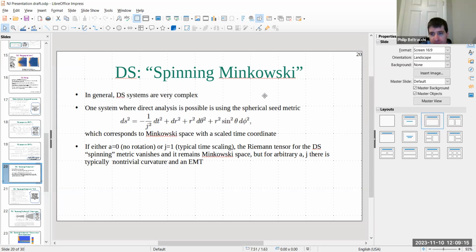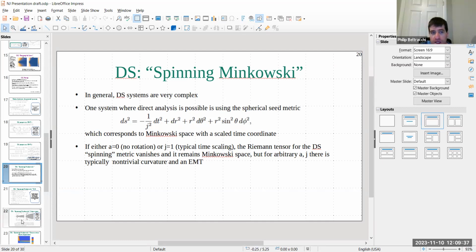Okay, but I would like to ask about this. Is it a solution to Einstein equation with some right-hand side? Is it vacuum? Is it asymptotically flat? So what kind of solution do you get? It is not vacuum.